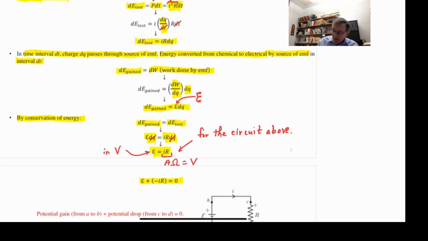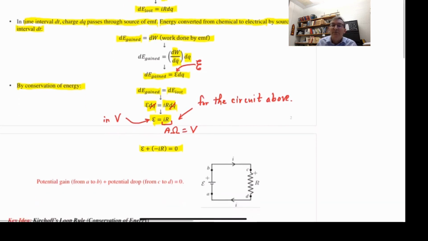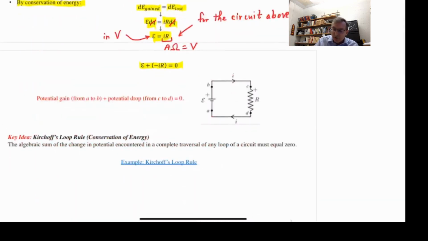And now that way of writing it leads to a very important insight that I want to show you. So I have now redrawn the circuit diagram where I have included the source of EMF, labeled with the curly E, but I have drawn it not as just a box, but as the actual symbol for a battery in a circuit diagram between those two terminals, A and B. It's a longer line spaced above a shorter line.